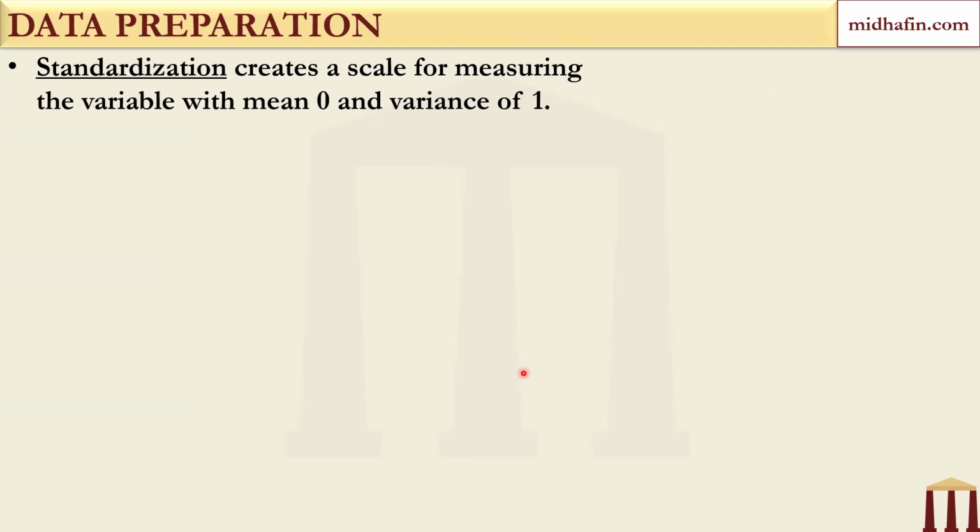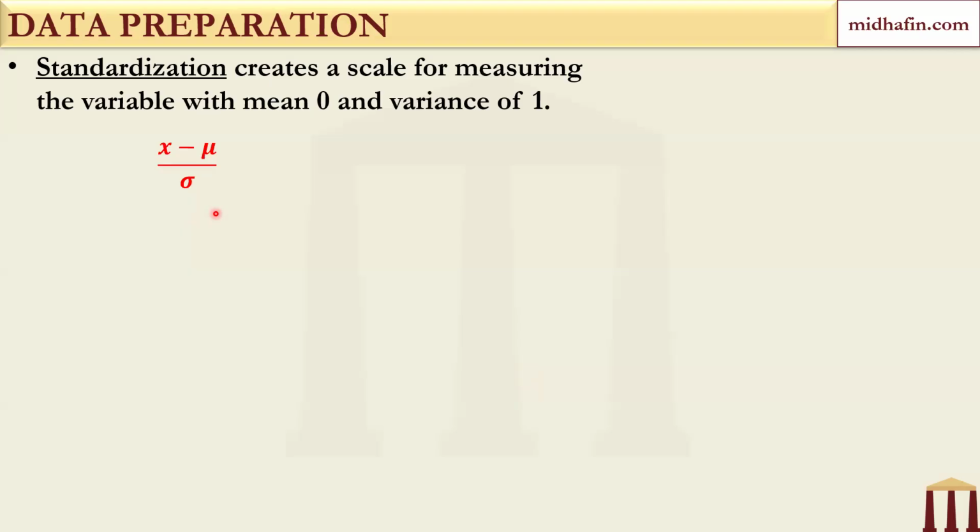The same standardization that we have done earlier, starting from chapter 2: x minus mu divided by sigma. This helps put the features on completely the same scale.